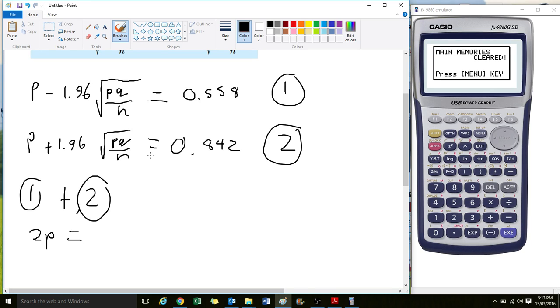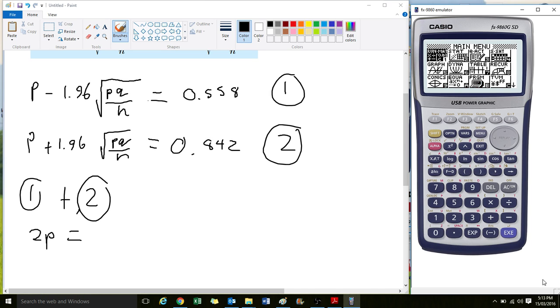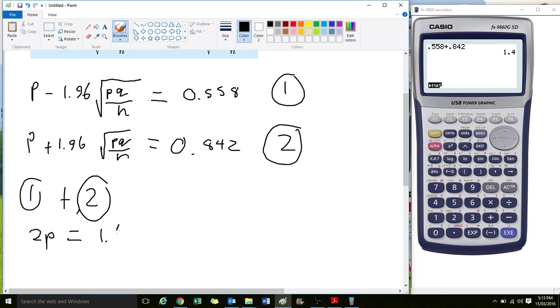And that's equal to 0.558 plus 0.842, which is 1.4. So 2P is equal to 1.4, and this is just an algebraic equation. You can solve: P is equal to 0.7. Okay, so we've solved for P.